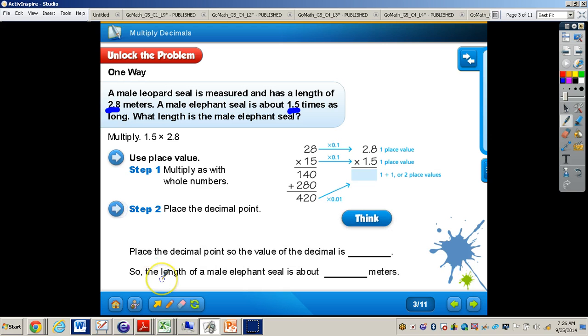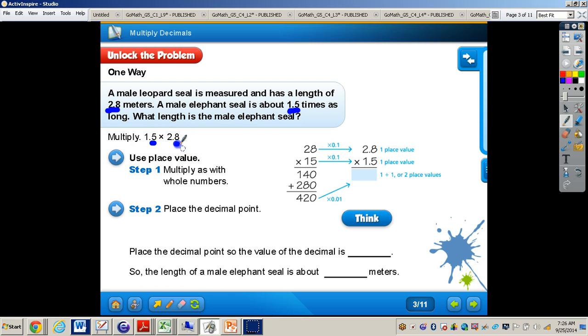Now, our next step, we need to figure out where the decimal point goes. Okay, so we can see that we have multiplied by one decreasing place value for 28 and 15. In order to get it back to where it needs to go, multiply it by another decreasing place value. Or think about how many digits to the right of the decimal do we have in 1 5/10?